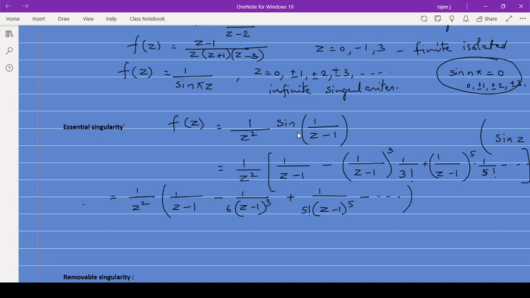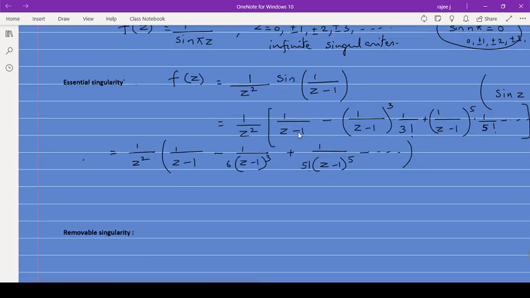Now if you look at this, z equal to 1 is an essential singularity, which means you cannot remove this z equal to 1 by any means. If you do any simplification, it cannot be removed by any chance.